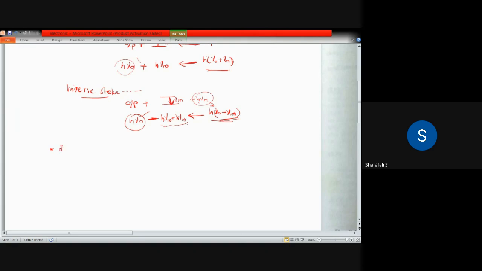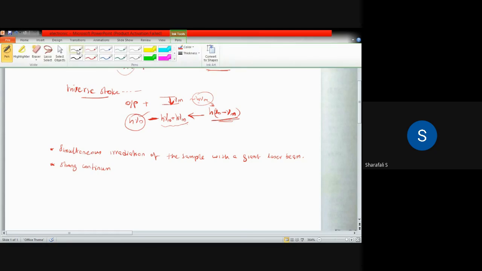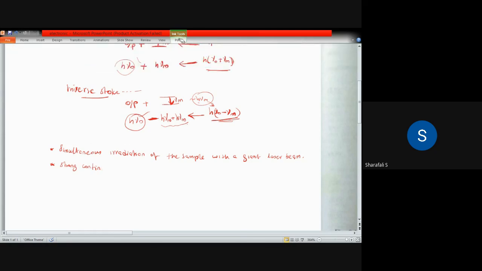And the second condition is a strong continuum, meaning a broad range of frequency.